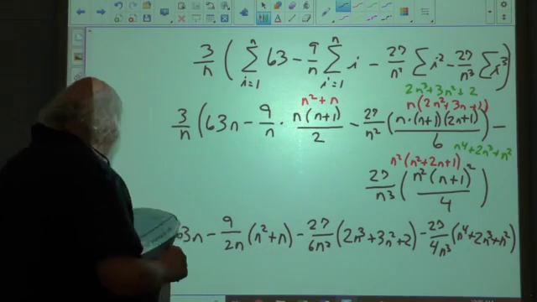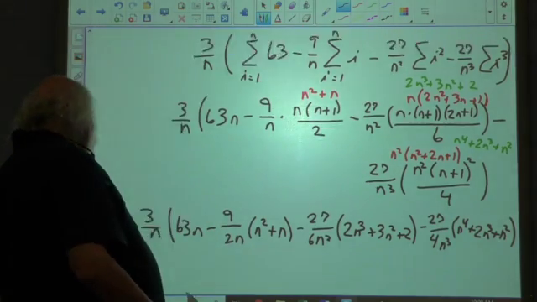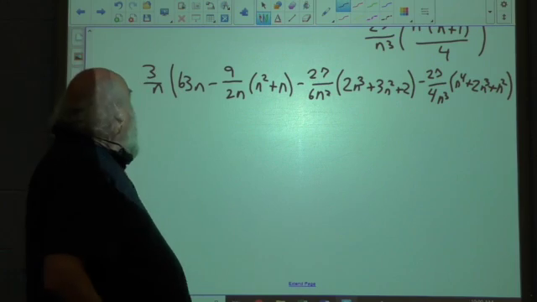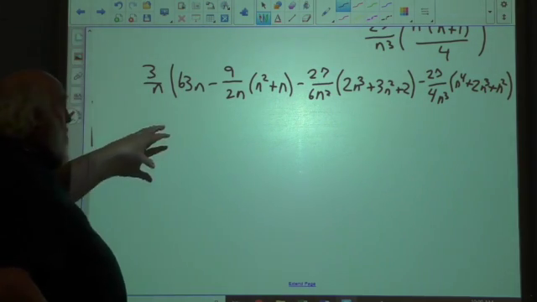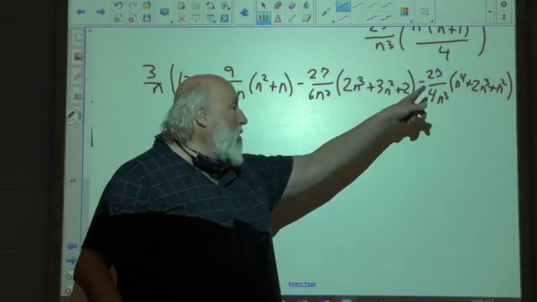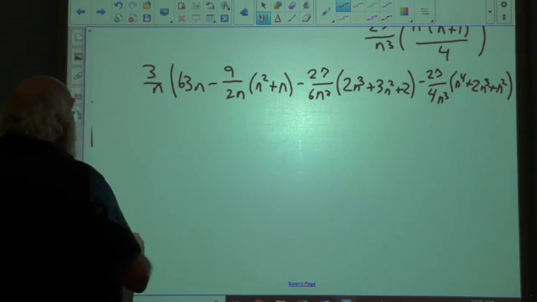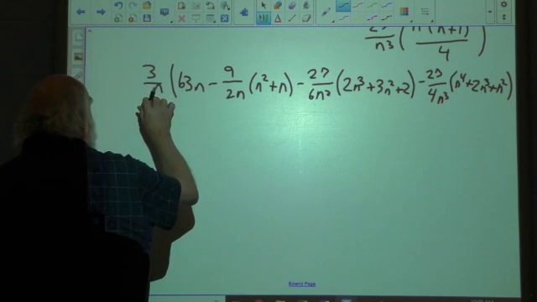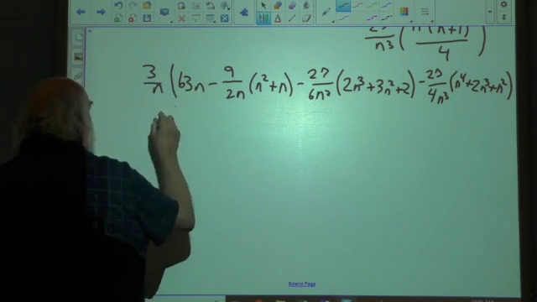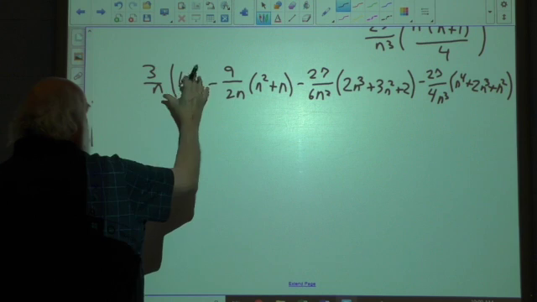Almost done. Now, I'm going to distribute these numbers across each of these parentheses. And I think you see what's going to happen. So 3 over n times this, the n's going to cancel out for that particular term.